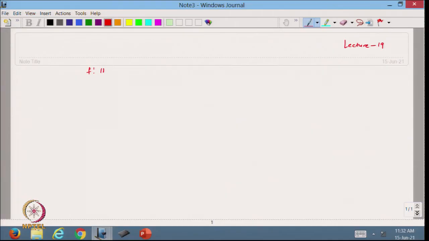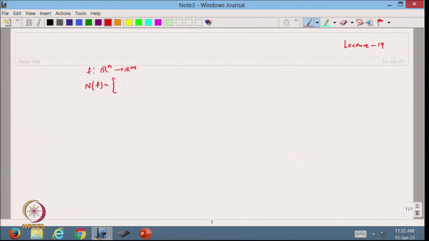Now suppose we have a linear function f from Rn to Rm, and in this case I will define a set N(f).